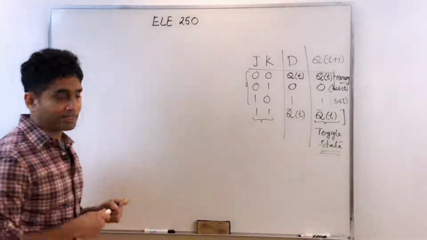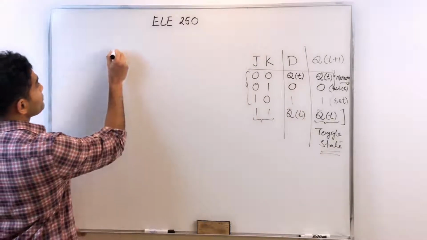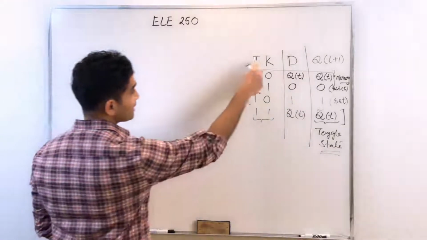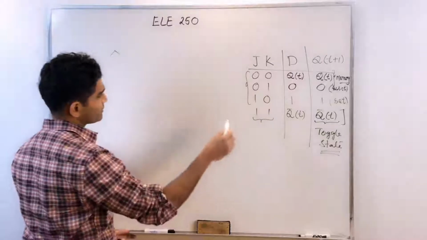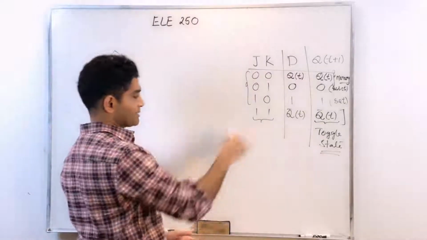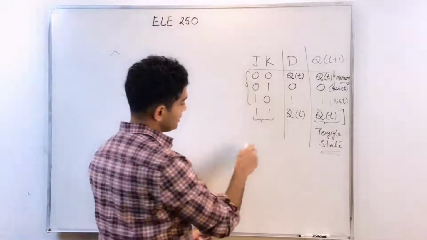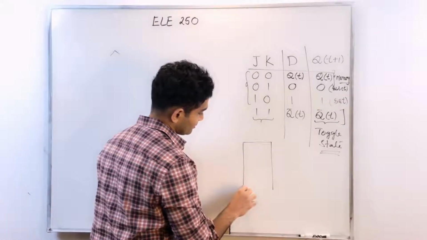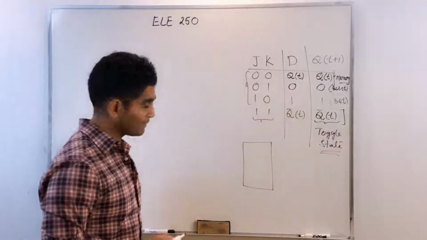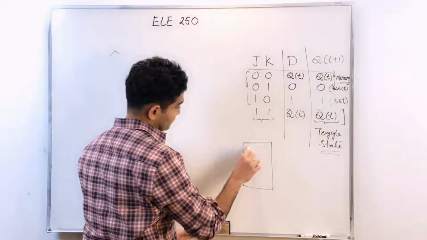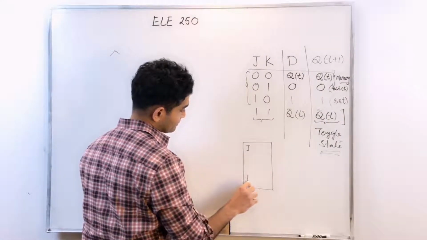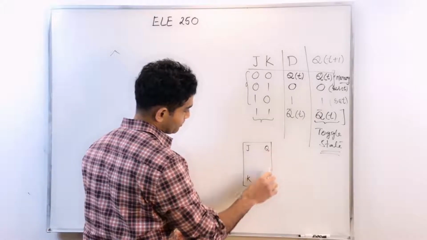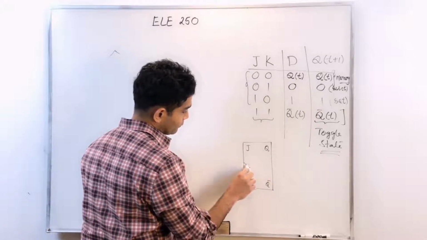So let's look at the timing diagram for a JK flip-flop. Now I can represent the JK flip-flop instead of having that entire diagram. It's a new type of flip-flop we'll be using very often. So I will represent this with its own symbolic diagram. In this case, we have two inputs J and K, two outputs Q and Q prime, and of course the enable input.